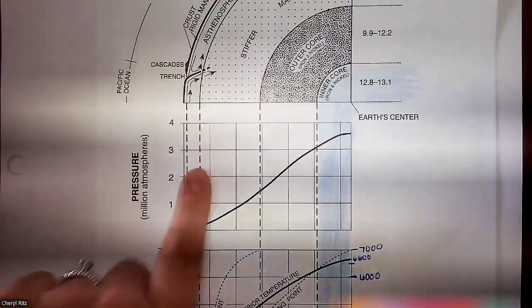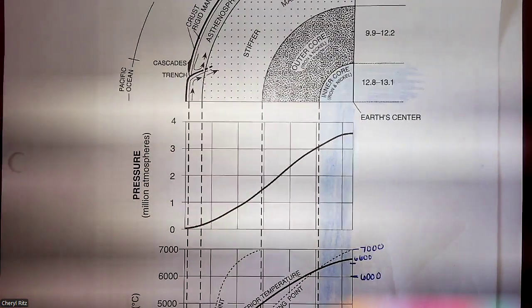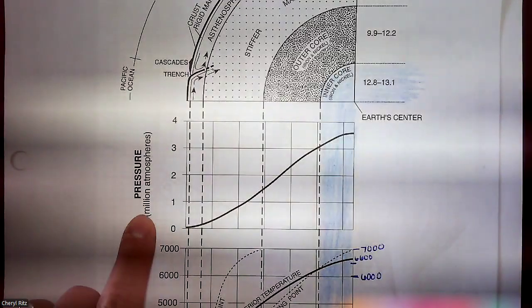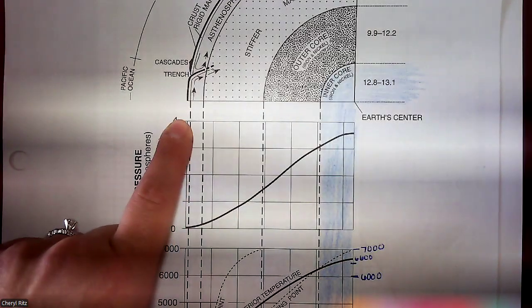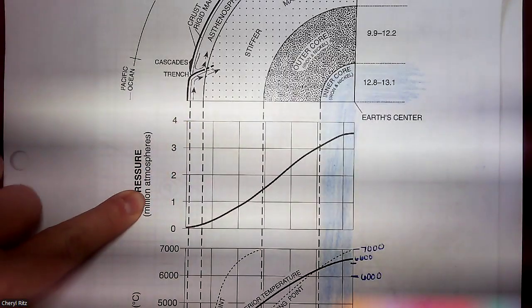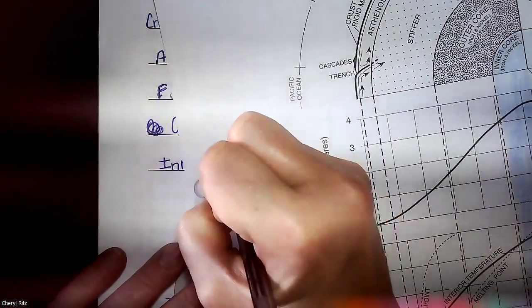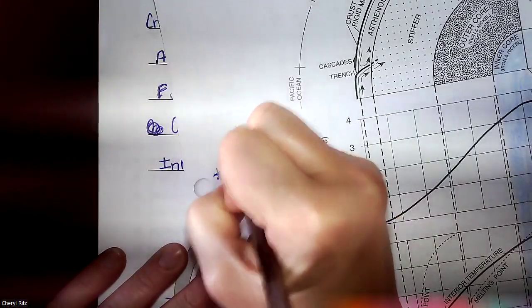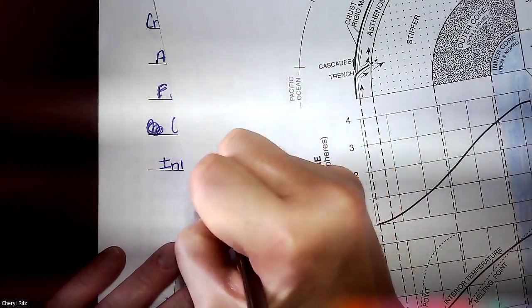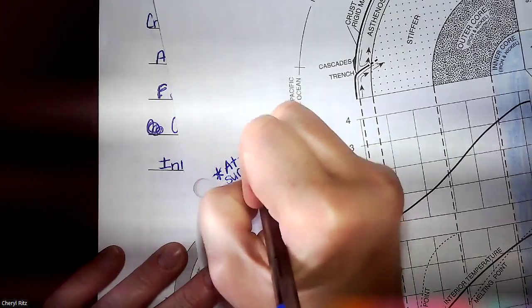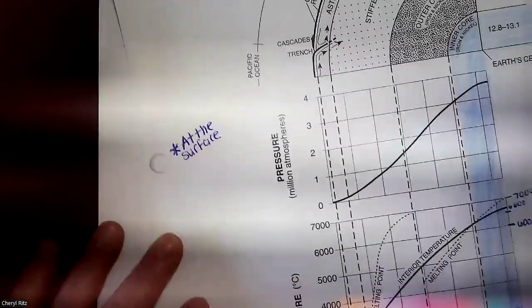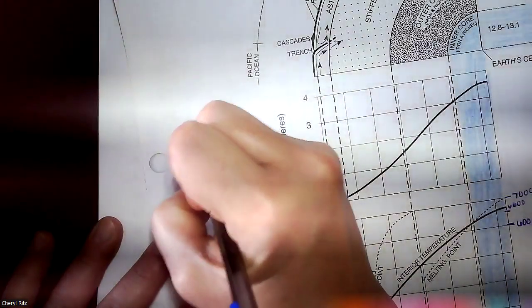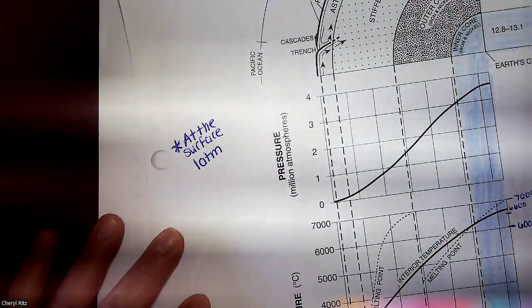Then there's the pressure graph. The pressure again uses the same x-axis. But now our y-axis is listed as 1, 2, 3, 4 million atmospheres. For the record, and maybe you want to put this at the surface, where we're standing right now, or I guess technically where we're sitting, there is 1 atmosphere of pressure on us right now.